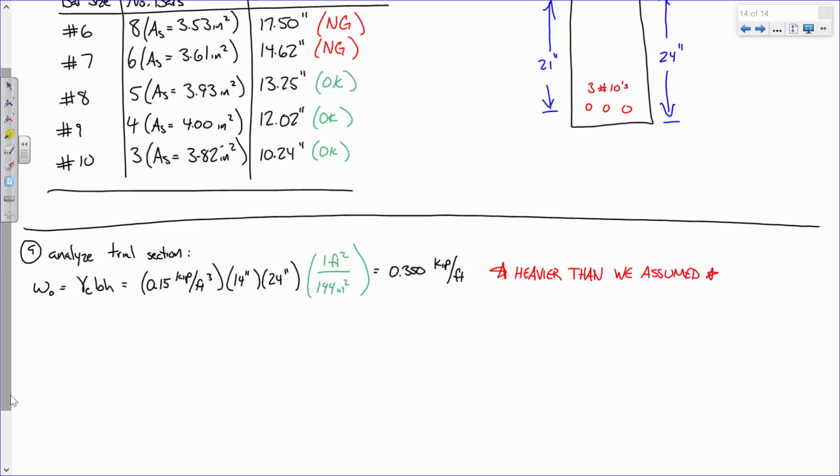So therefore, we can compute a new U, which is 1.2 times all the dead load plus 1.6 times our live load. Is everybody seeing where I'm getting these values from? This is just from the original part of the problem.